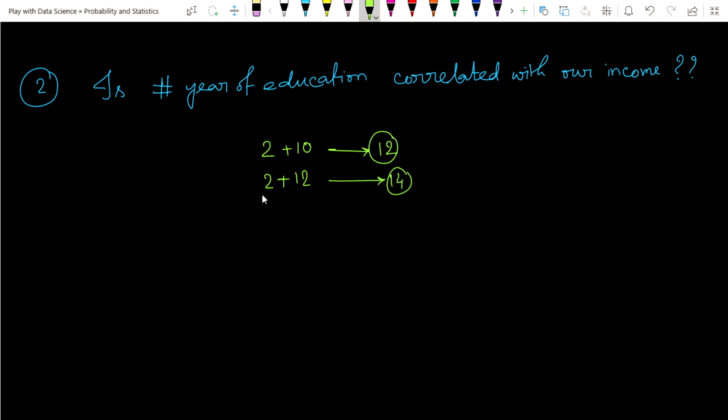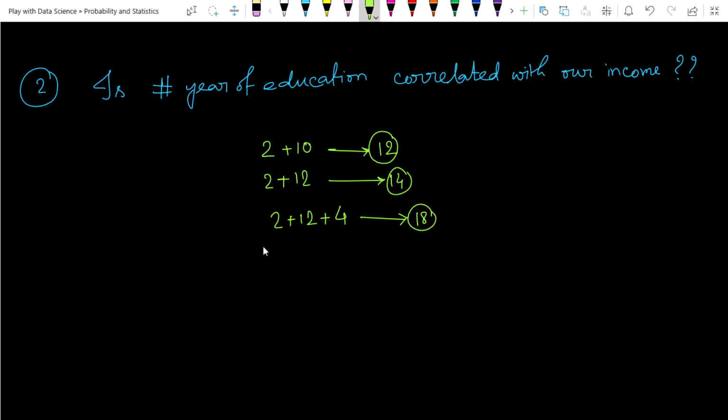Okay, if you are a college student, meaning an undergrad student: preschool 2 years, 12 years up to 12th, and after that undergrad it's 4 years. So in total how many years have you spent here? 14 plus 4, it means 18 years you have spent here.